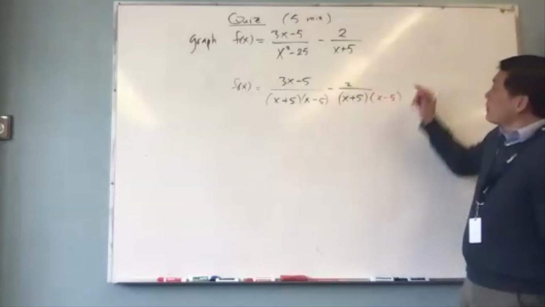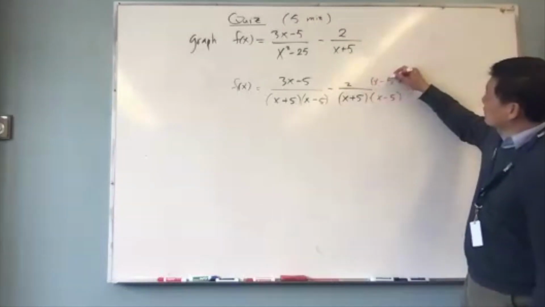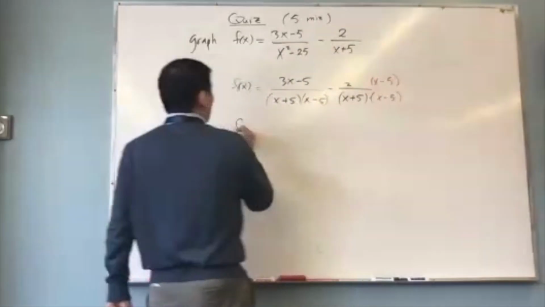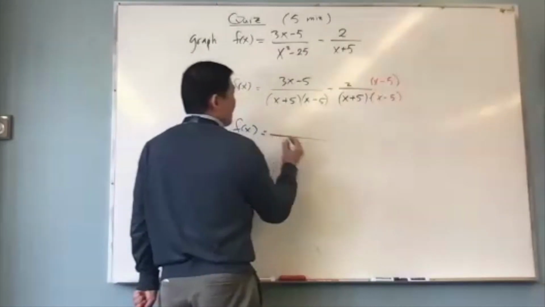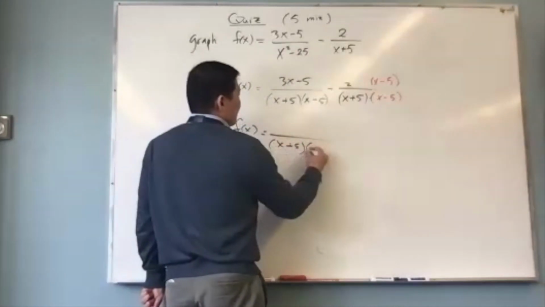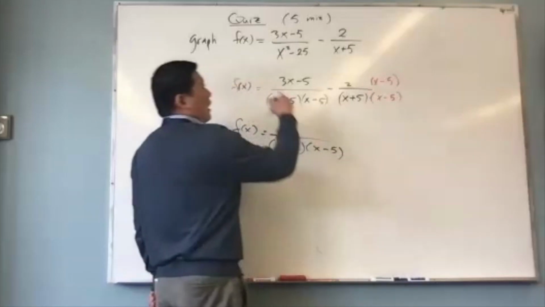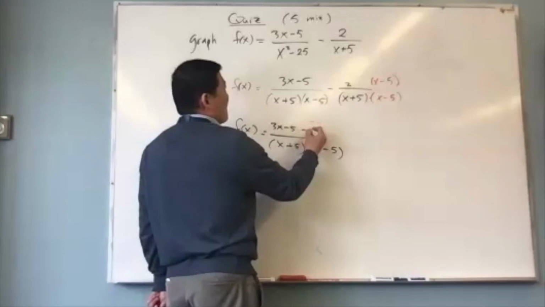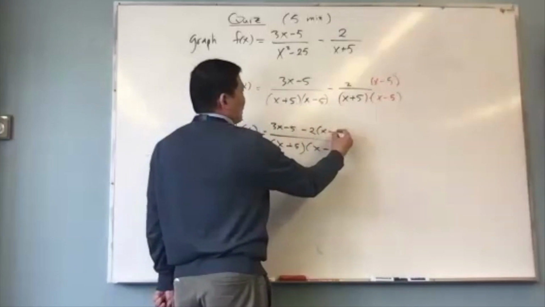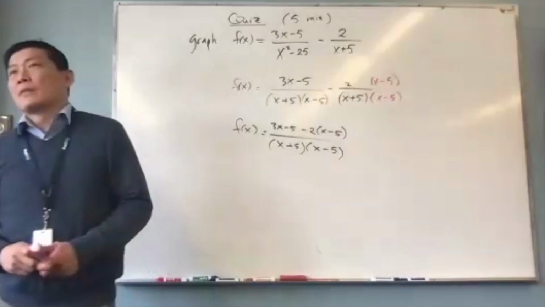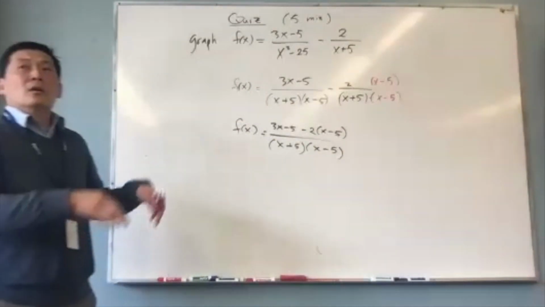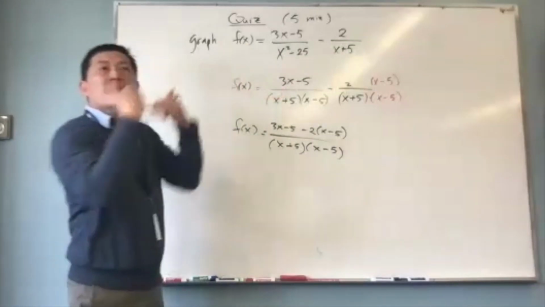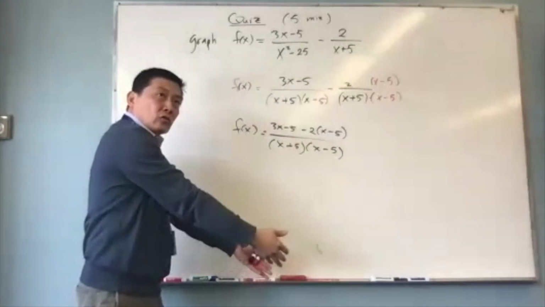But if I do that, I must do the same on the top. So f of x turns out that on the bottom will be x plus 5 times x minus 5. And then I'm going to go ahead and combine the top. 3x minus 5 minus 2 times x minus 5. Right? So this is just my step by step.